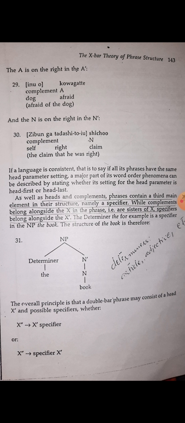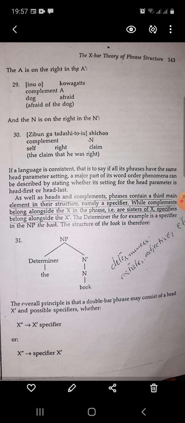Heads and complements in phrases: this point is really very important, because a few of the students raised questions during our on-site classes. If we look at the noun phrases in the beginning of the sentence, the modifiers are head first and the noun is head last.